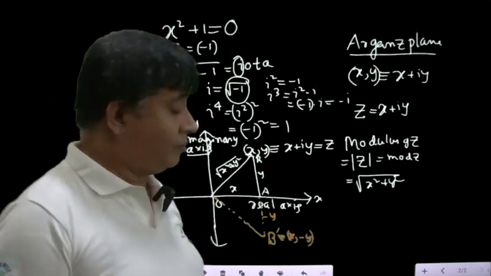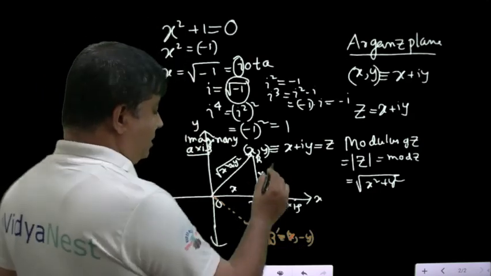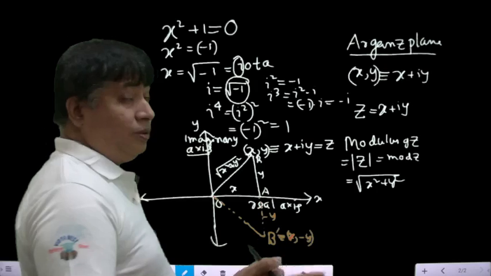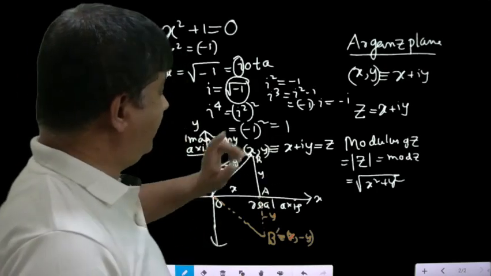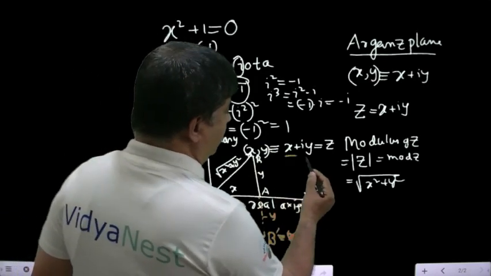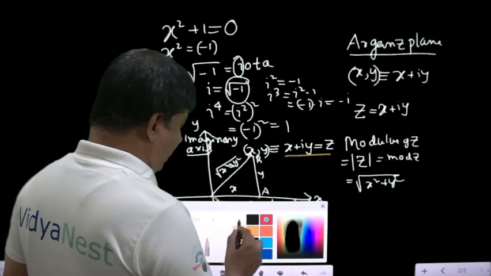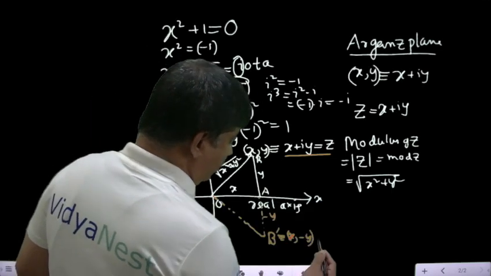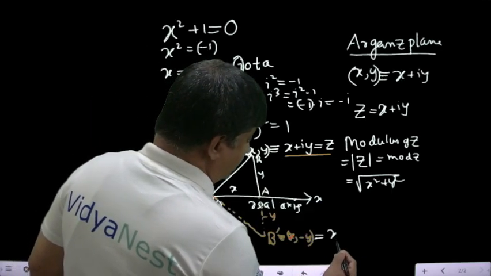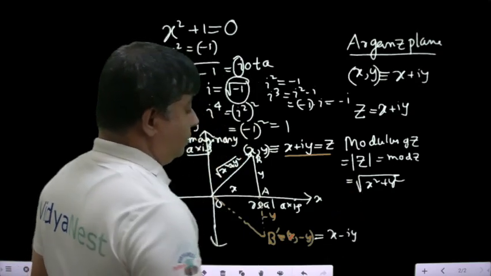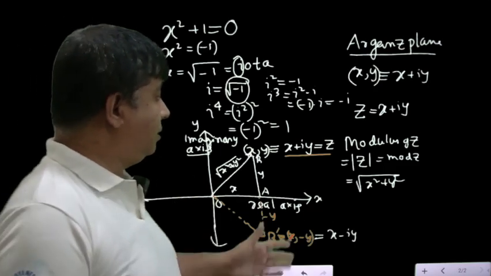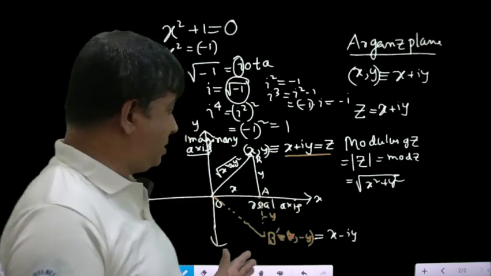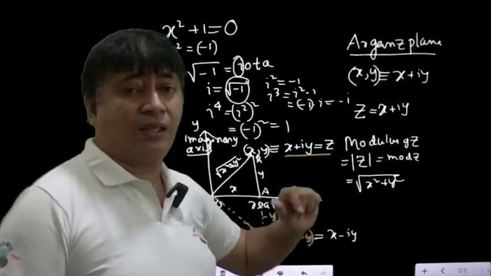Okay. Now that x comma minus y also can be expressed by the general term of complex number. What is that? x minus iy. So how can we distinguish x plus iy and x minus iy?